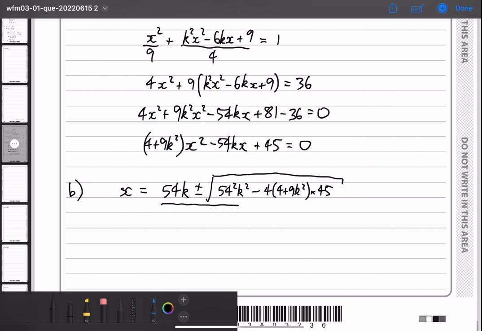And all of that needs to be divided by 2 lots of a. Now, if like me, you look at that and think, oh dear, or you go ahead and get a bit further in the solution here, you'll find that this is not nice, because that square root is not going to simplify to a perfect square.